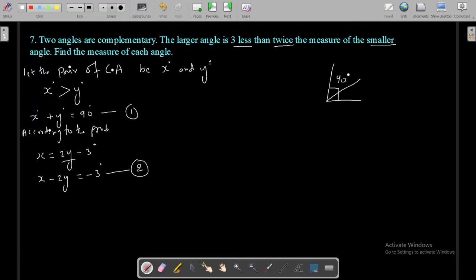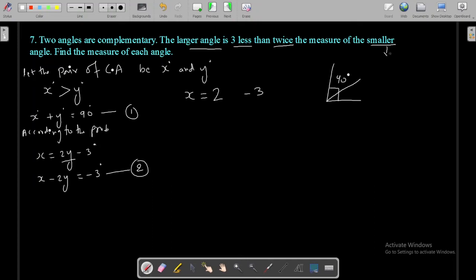So here again you have to understand this one. The larger angle is 3 less than. So let us take x as our larger angle. It is 3 less than. 3 less than means I will write this minus 3. Less means minus 3. Then twice, so I will write twice as 2, the measure of the smaller angle.